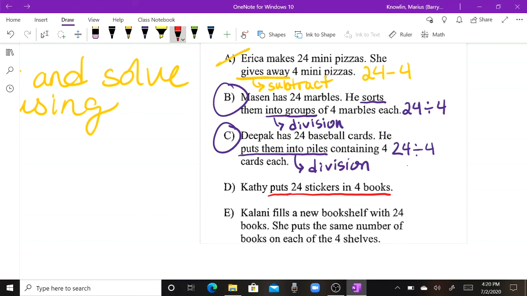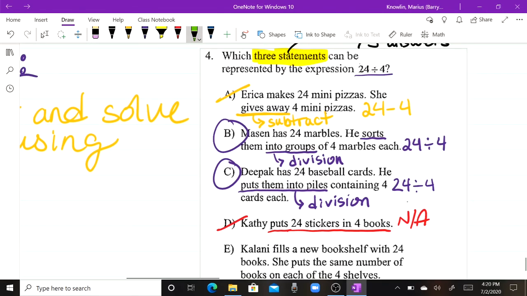It's not really as though she's adding 4 more stickers to the 24 stickers, or she's taking away 4 stickers from the 24 stickers. So there's not really a good mathematical sentence to represent this situation here. So we're just going to say that nothing applies here. That doesn't really apply, so we're going to cross that out. Let's take a look at the last one.